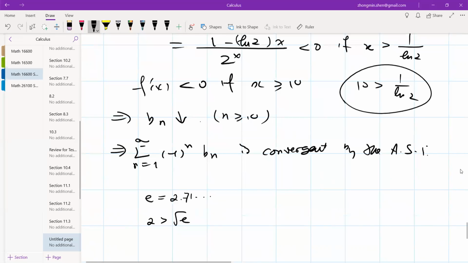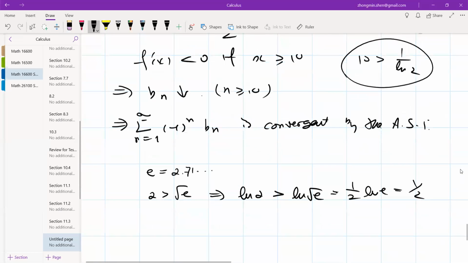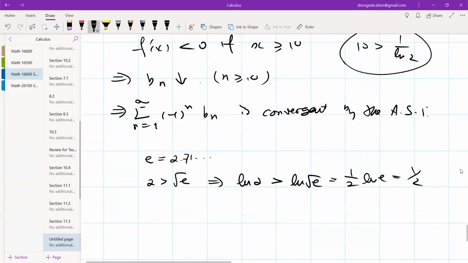Yes. Okay. So that implies natural log of 2 is greater than natural log of square root of e, which is going to be 1/2 natural log of e, which is 1/2. That's okay. It's possible. So that means 1 over natural log of 2 is less than or equal to 2. So 2 is enough, actually. Yeah, of course, less than 10. Okay.